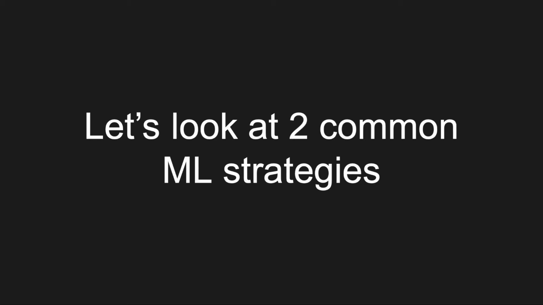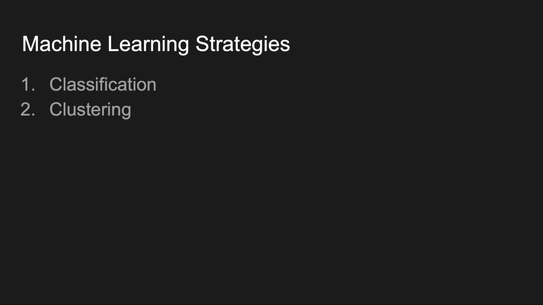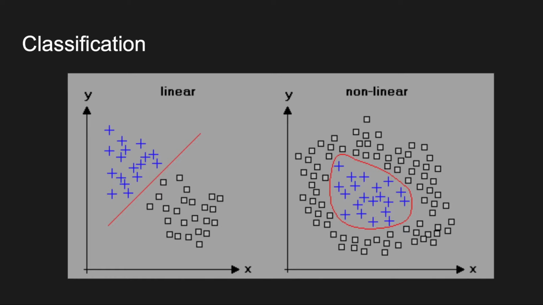Now let's look at two commonly used ML strategies: classification and clustering. Classification comes into the category of supervised learning, whereas clustering comes into the category of unsupervised learning. Simply put, in classification, we can have linear classifiers or nonlinear classifiers, and we are telling the classifier what data points there are. So you can see the pluses and the squares.